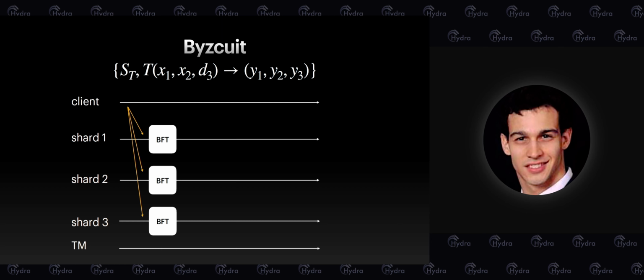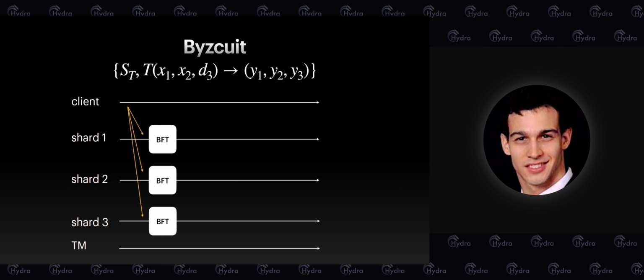So here is the Biscuit protocol. First, the client submits a transaction, as before, but with two differences. First, it proposes a sequence number, which is bigger than the sequence number associated with every input object.